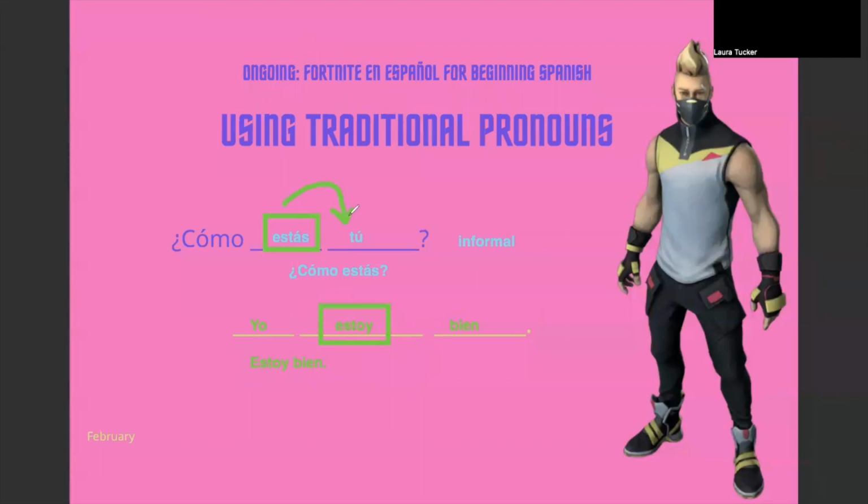So it's not going to be something that the person you're talking to is going to get confused about. So if you just hear ¿cómo estás?, they know that you are asking them, how are you? And they also know that if you say estoy bien, you're talking about I am fine and not anybody else. Okay. But again, we will see some more pronouns and we can talk about that later. But these are some handy things to know while we are using these pronouns and these particular verbs for questions and answers.